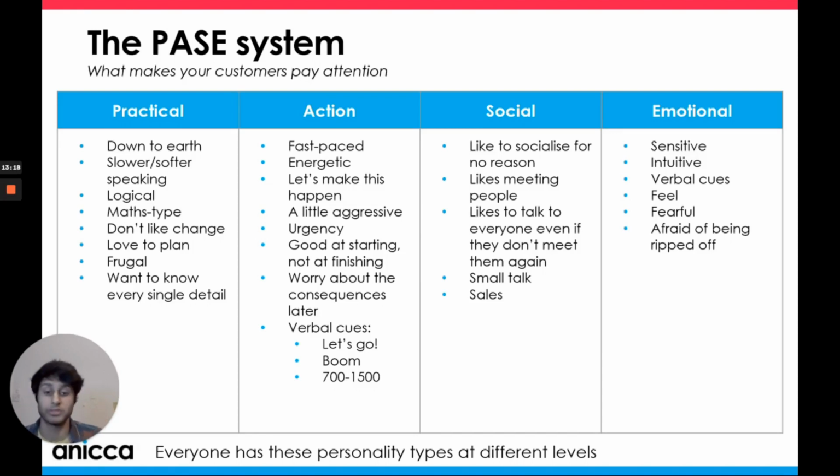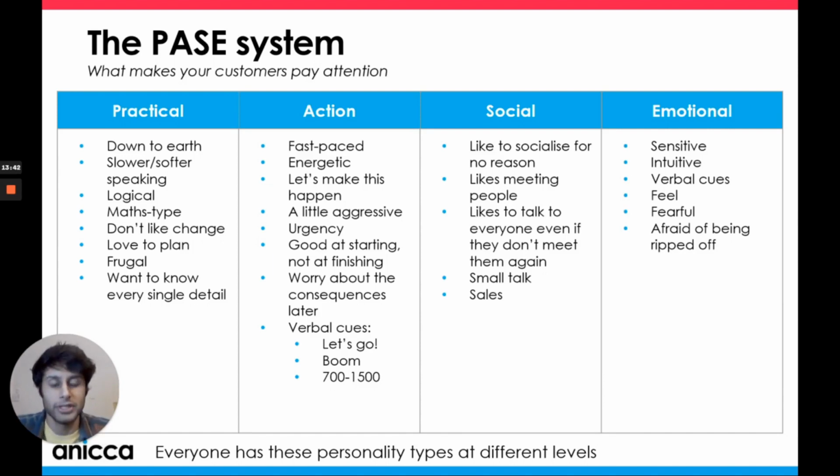They'll have that urgency to go for it, as opposed to the practical personality types who will look at that product, and if the detail is worth £700, they won't pay a penny over £700. So that's the action people.